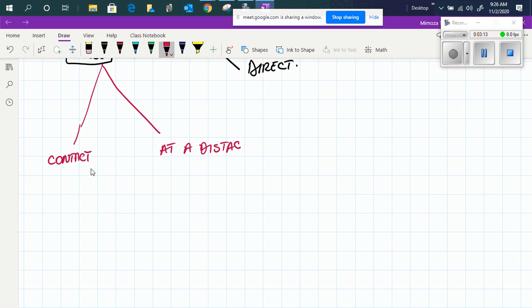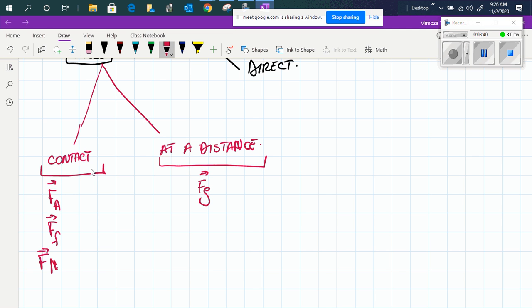Forces that are in contact with an object are forces like force applied, force of friction, force normal, and forces that are at a distance, the one that we will study more in Physics 20, is known as the force of gravity.